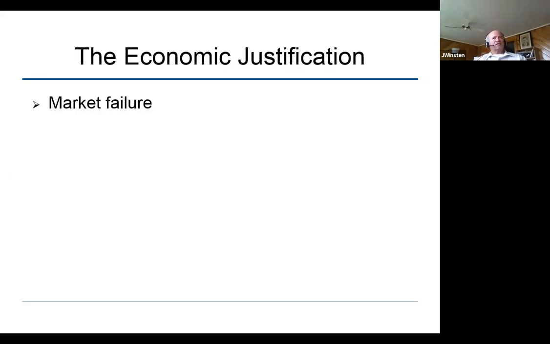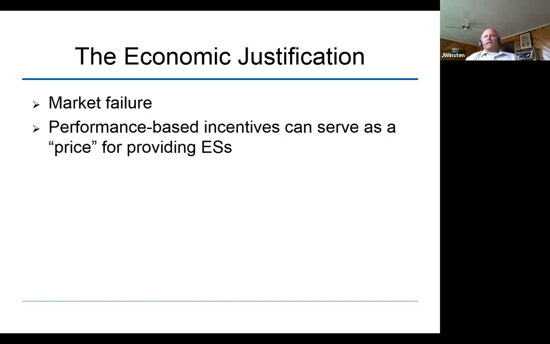And that is the case with non-point source pollution from agriculture and several other things related to ecosystem services. So the idea with pay for performance is that a performance-based incentive could serve as a price for providing ecosystem services, a price that farmers can line up against and make their decisions.